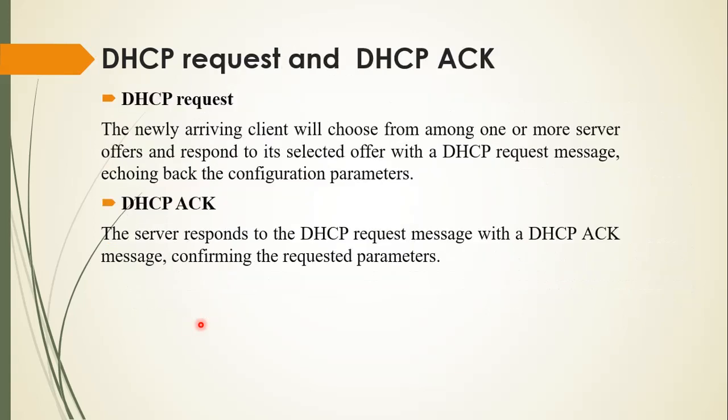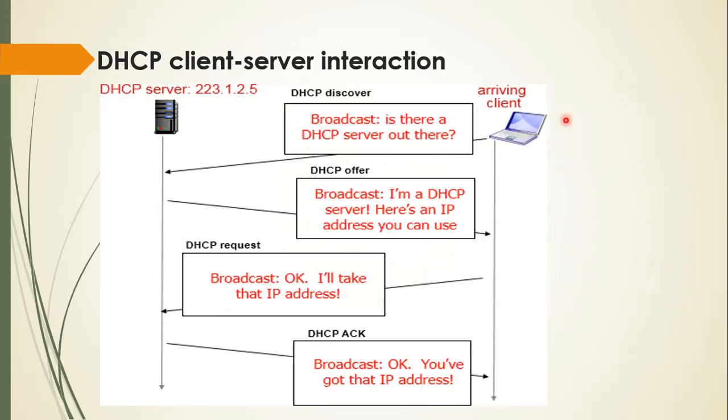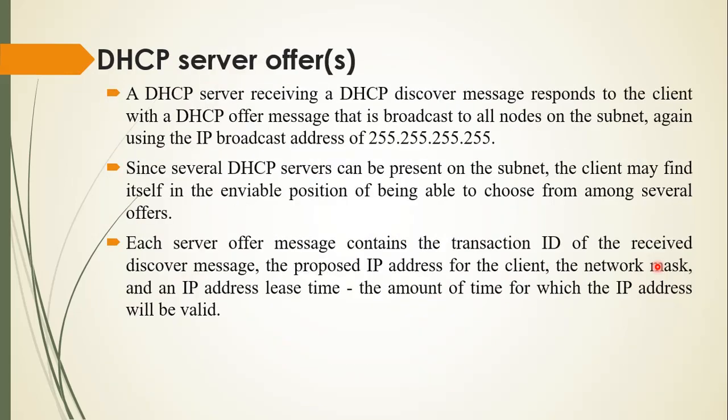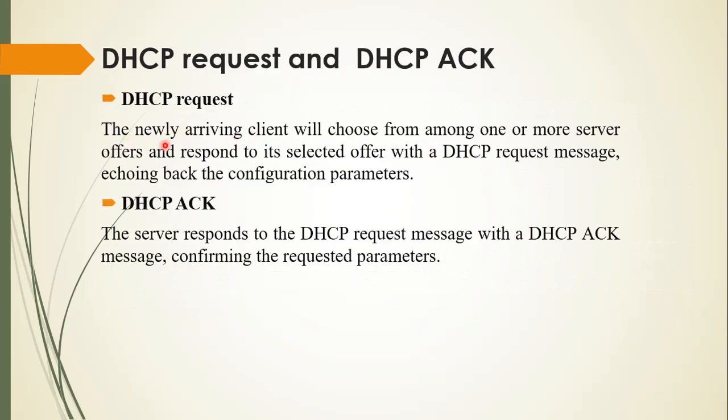So we have the DHCP request and acknowledgement that I have explained here. The client is requesting and DHCP will respond. For the DHCP request, the newly arriving client chooses from among one or more server offers and responds to its selected offer with a DHCP request message, echoing back the configuration parameters. The DHCP acknowledgement is the server's response to the DHCP request message, confirming the requested parameters.